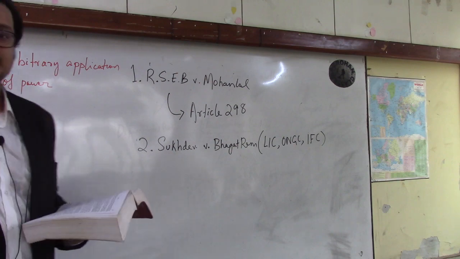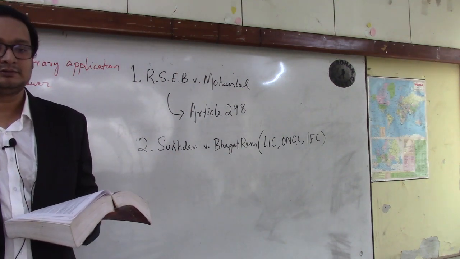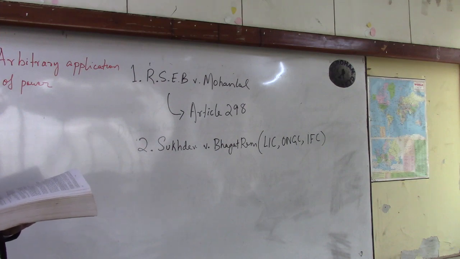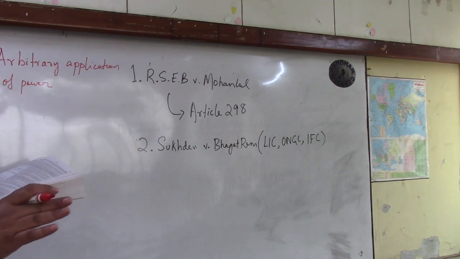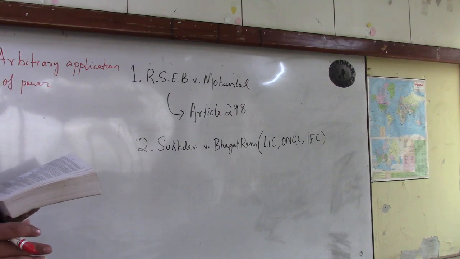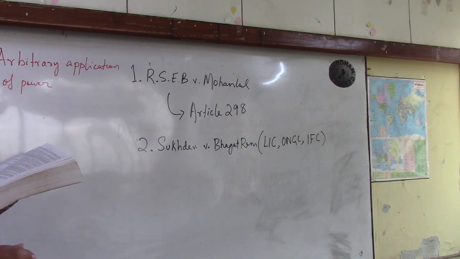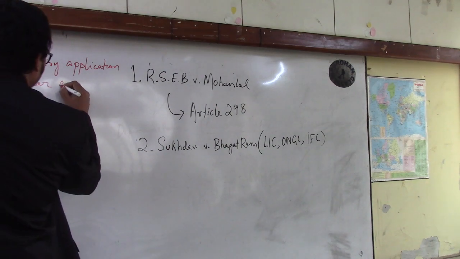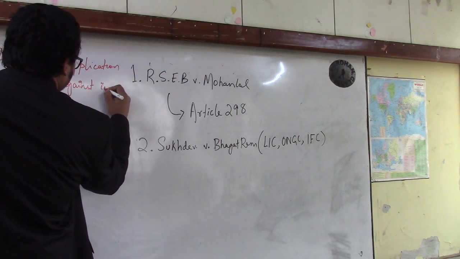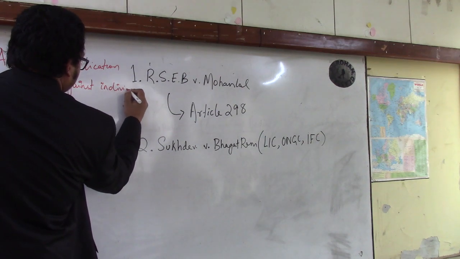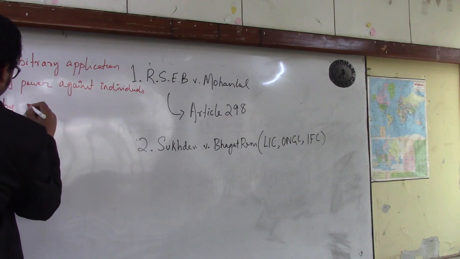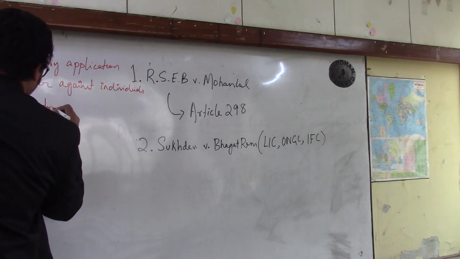Is everyone following me at this point? Yes, sir. Okay. The Constitution should whenever possible be so construed as to apply to arbitrary application of power against individuals by centers of power.